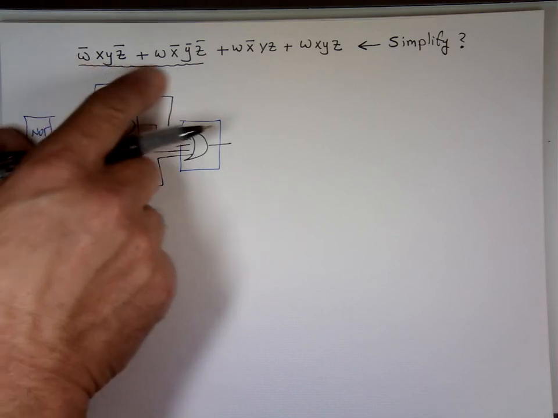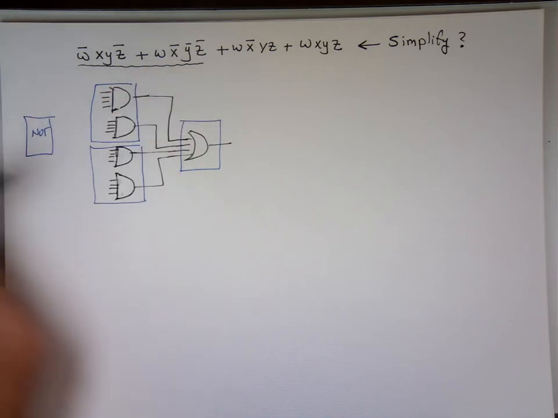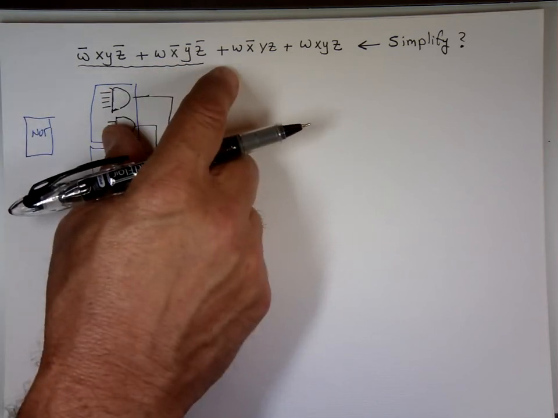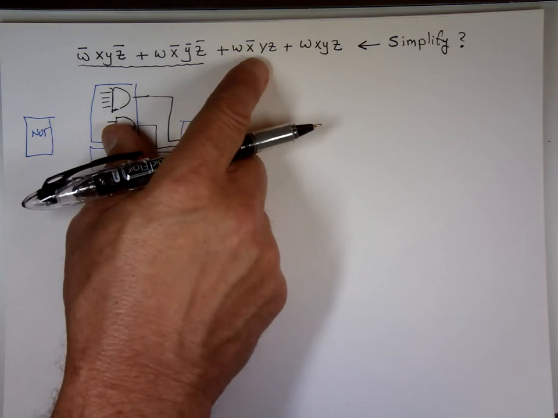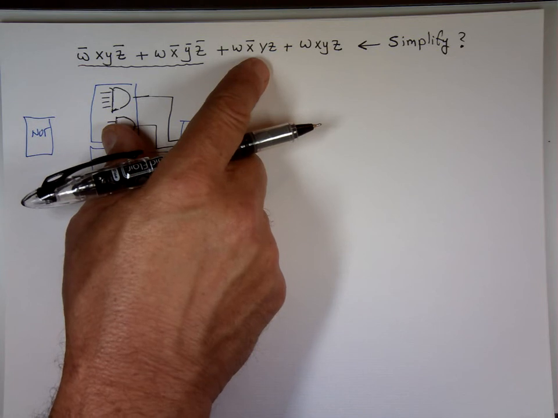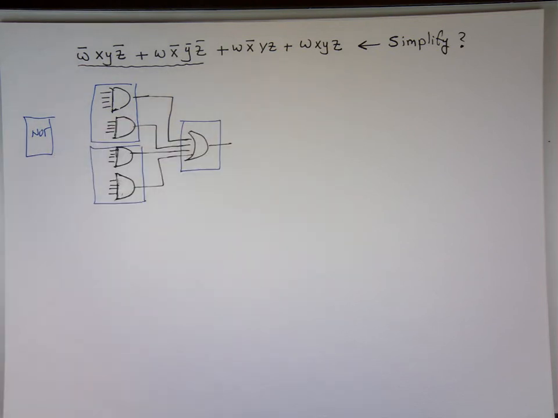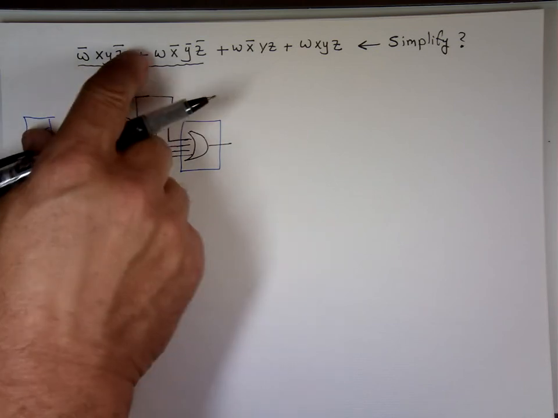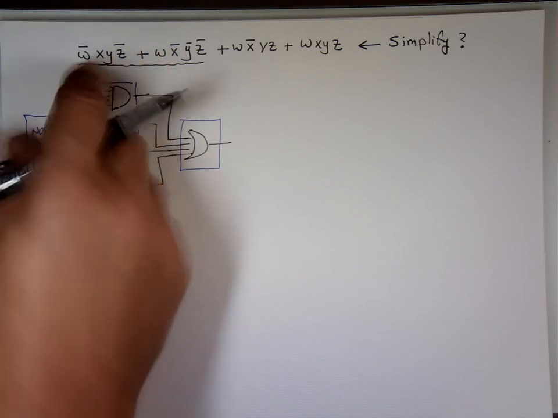W, X bar, Y bar, Z bar, okay. Now, W, X bar, Y, Z. W, X, Y, Z. Okay. Before I get to the last 2, the first 2, I was blind first. I thought this was W bar here. But even that still won't do it, so let me underline this, take it out.